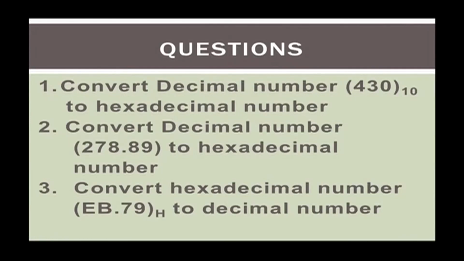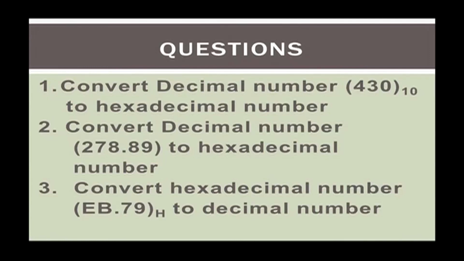Now, I would like to give you some assignments. For instance, I will give you the number 413. You convert that 413, which is a decimal number, to a hexadecimal number. Similarly, you take another number, 278.89. I am not giving a very easy number. If it were 85 you might get the number easily, so I am giving you 89.